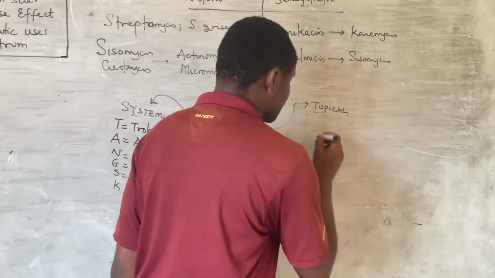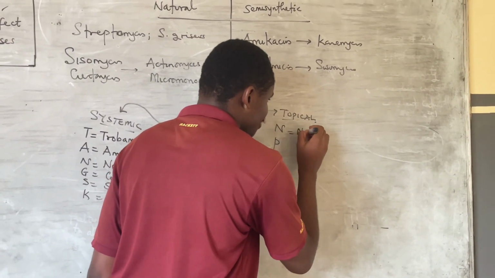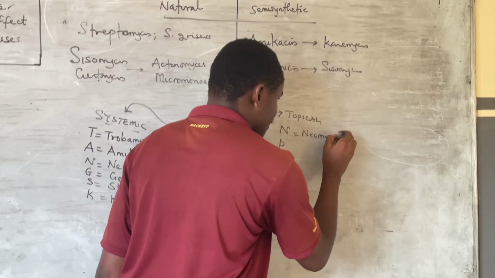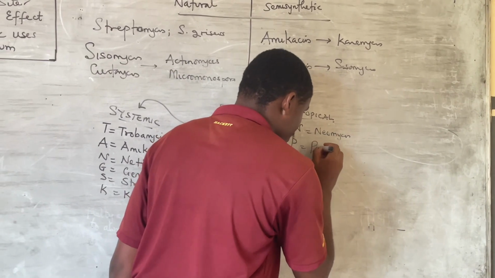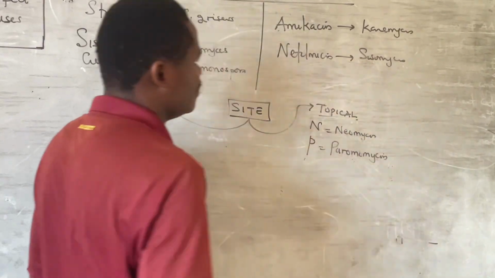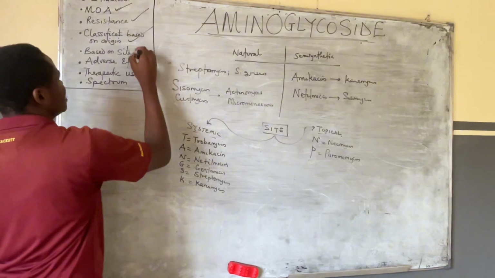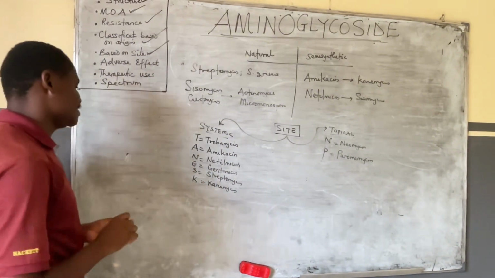But for topical, we have just NP, that is neomycin and paromomycin. All right, so that is that for classification based on origin and classification based on the site.